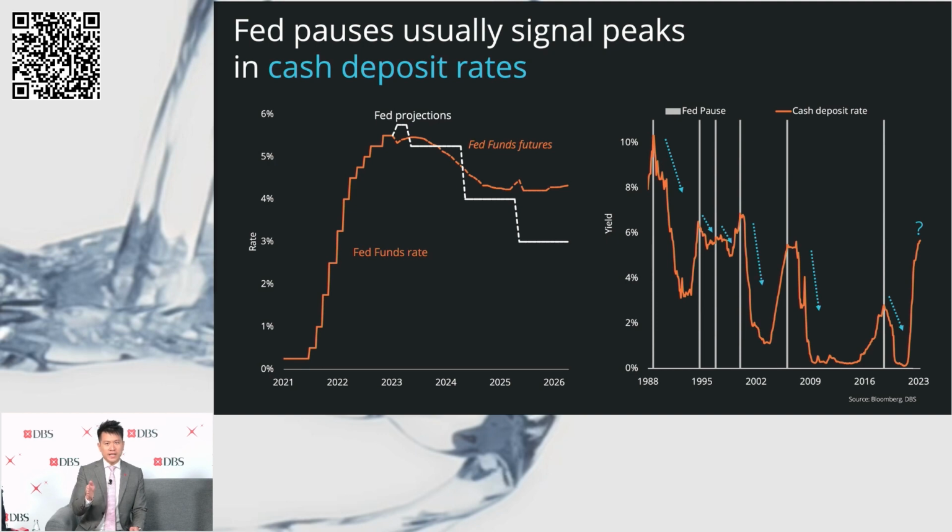And you will notice that cash deposit rates, referenced by the orange line, very precipitously start to fall after the pause in the Fed hiking cycle, right? This has happened multiple times, 6 times exactly over the last 35 years. So if you are an investor today enjoying your high returns on cash, just be careful, the good times may not be around for much longer, right?